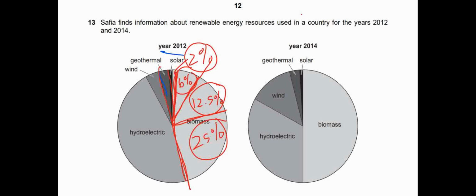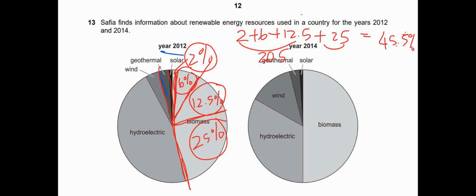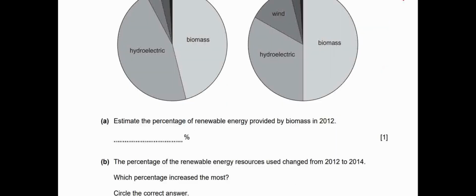We add up all together and we get 20.5 plus 25, it will be 45.5% or 46%. So we round up to 46%. If the answer is within the range of 43 to 49, it will be correct. So we just take 46%.